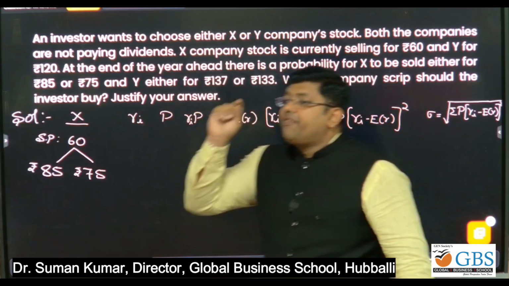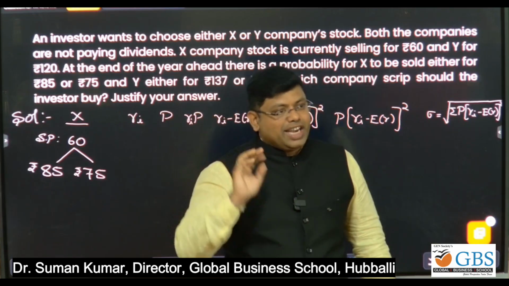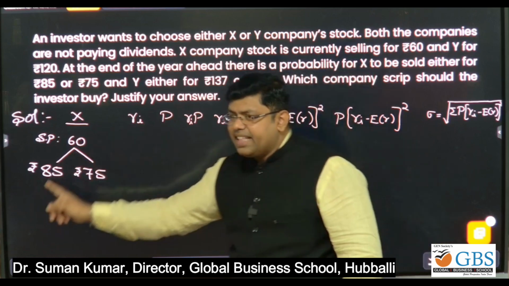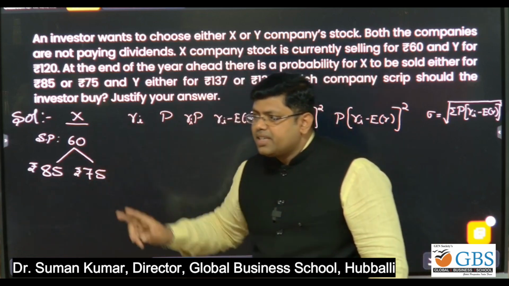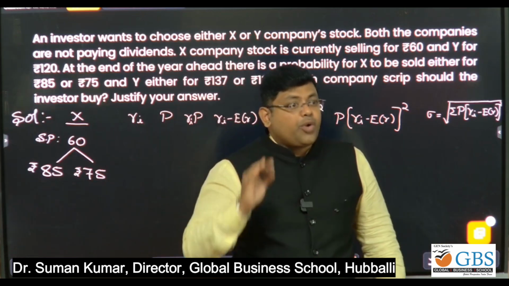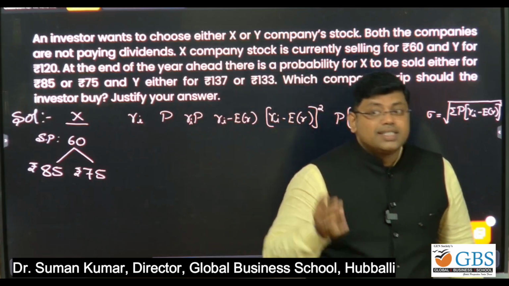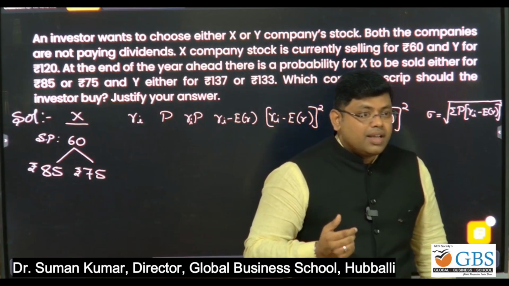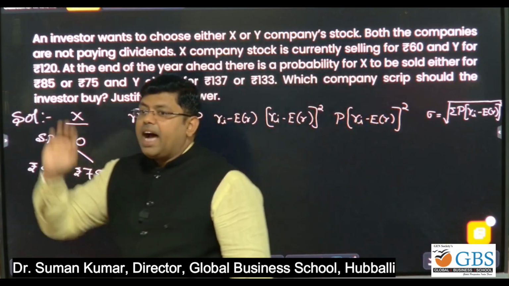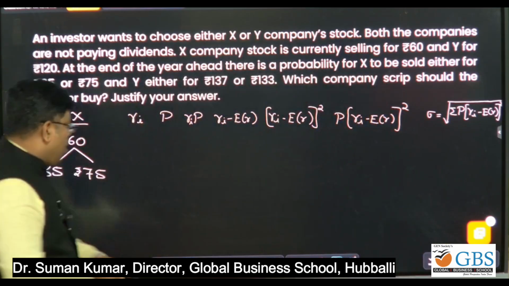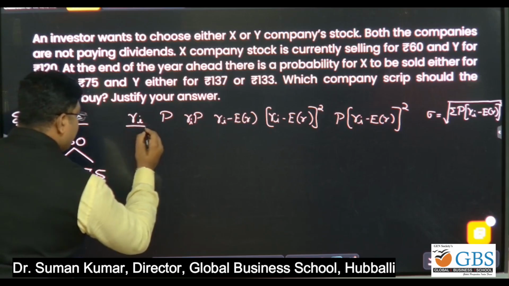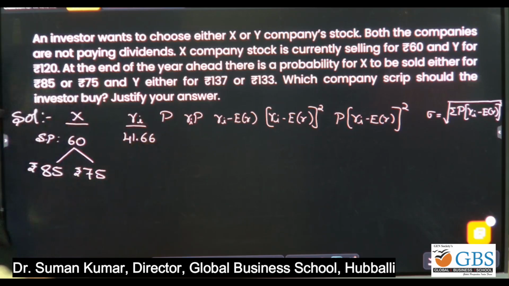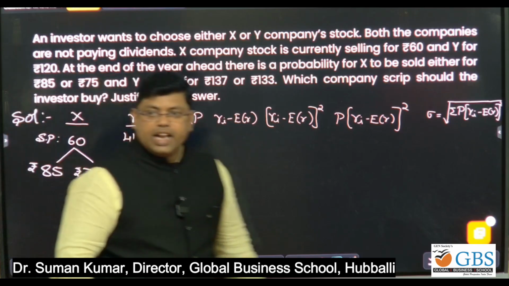Very simple. The difference in the increase or decrease. It can be an increase, it can be a decrease. Here is it an increase? So what is the difference? 25 rupees. 25 divided by 60 into 100. What is the percentage? 41 point. Are you understanding, everyone? So can I write here 41.66? Clear? Any doubt?